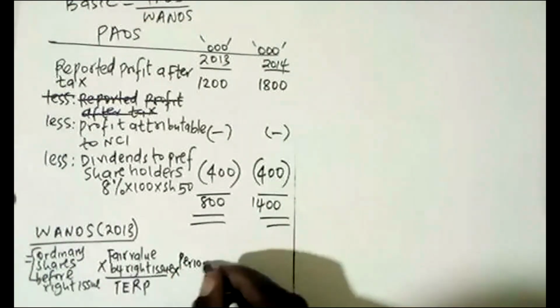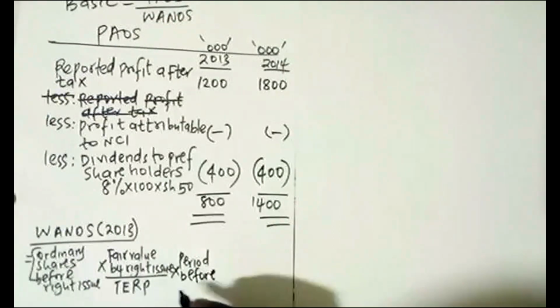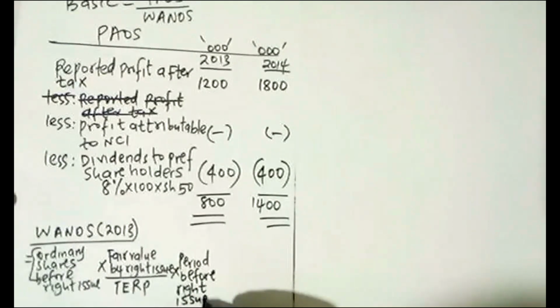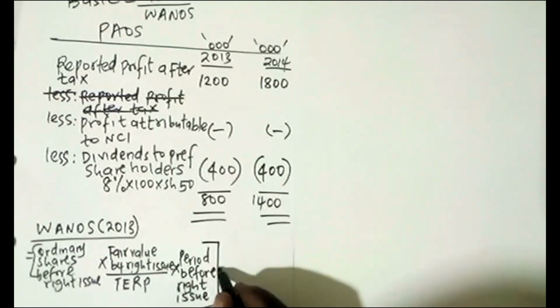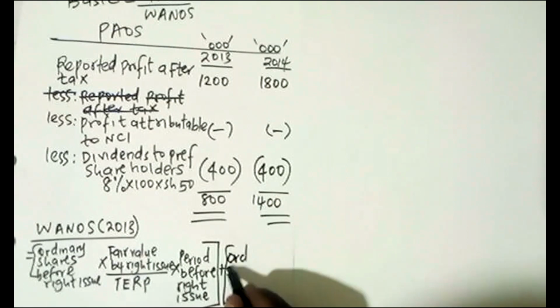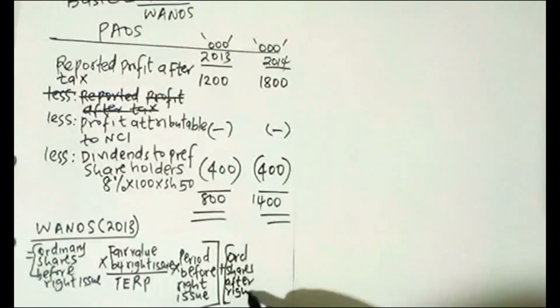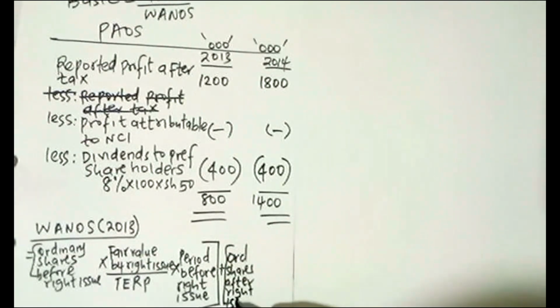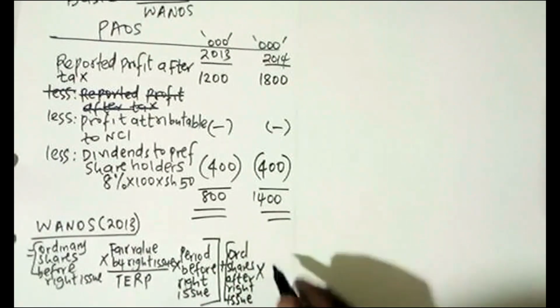You multiply with the period before right issue. You add the ordinary shares of the right issue. You multiply with the period after right issue.